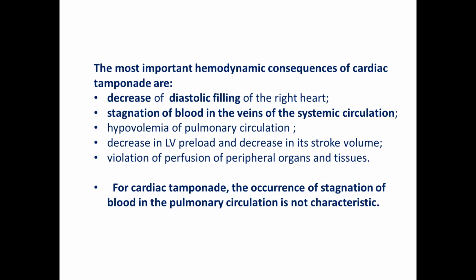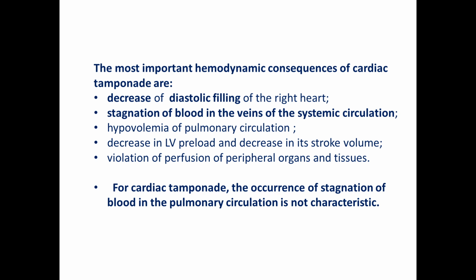Most important hemodynamic consequences of cardiac tamponade are decrease of diastolic filling of right heart, stagnation of blood in veins of systemic circulation, hypovolemia of pulmonary circulation, decrease in left ventricular preload and decrease in stroke volume, violation of perfusion of peripheral organs and tissues.